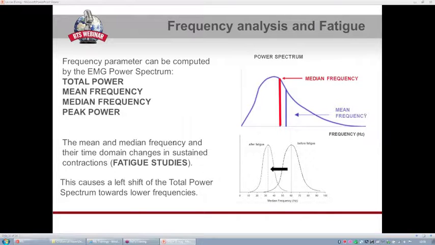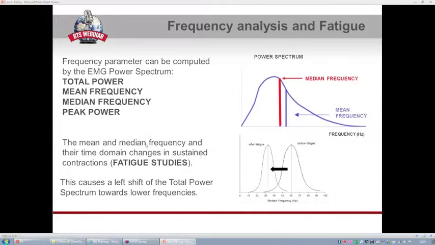Within applied EMG frequency analysis, the most important parameters that are normally used are the mean or the median frequency value. And what we normally consider are their time domain changes during a sustained contraction.